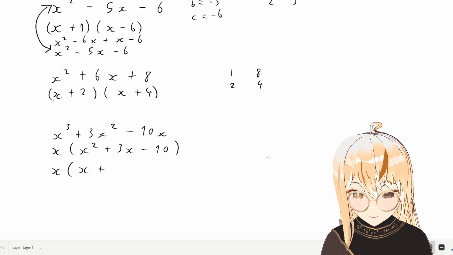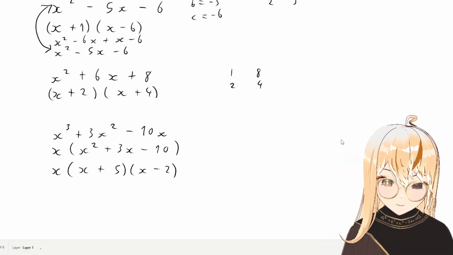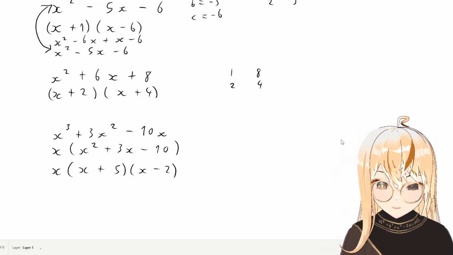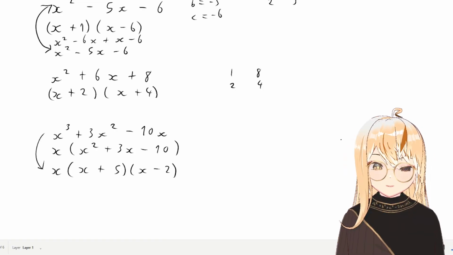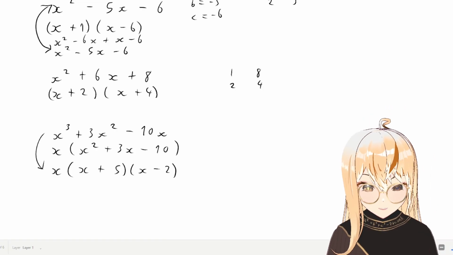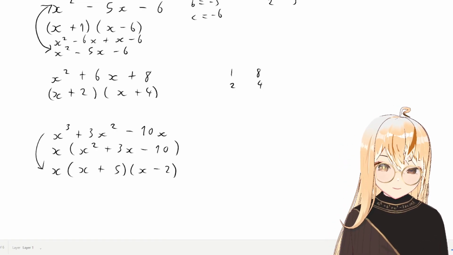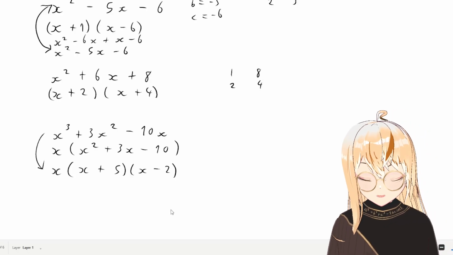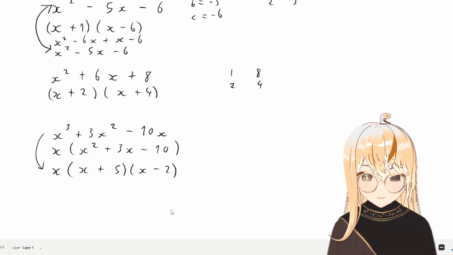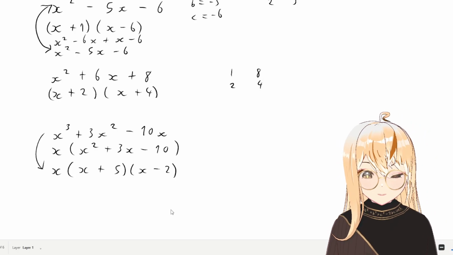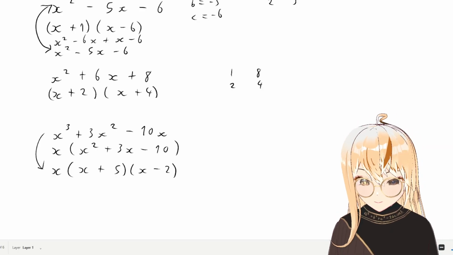It would be this. So you've got 3 factors which come out of this expression. That's a neat little trick you might want to remember, to take out a factor from the expression, so it gives you something you can more easily work with.